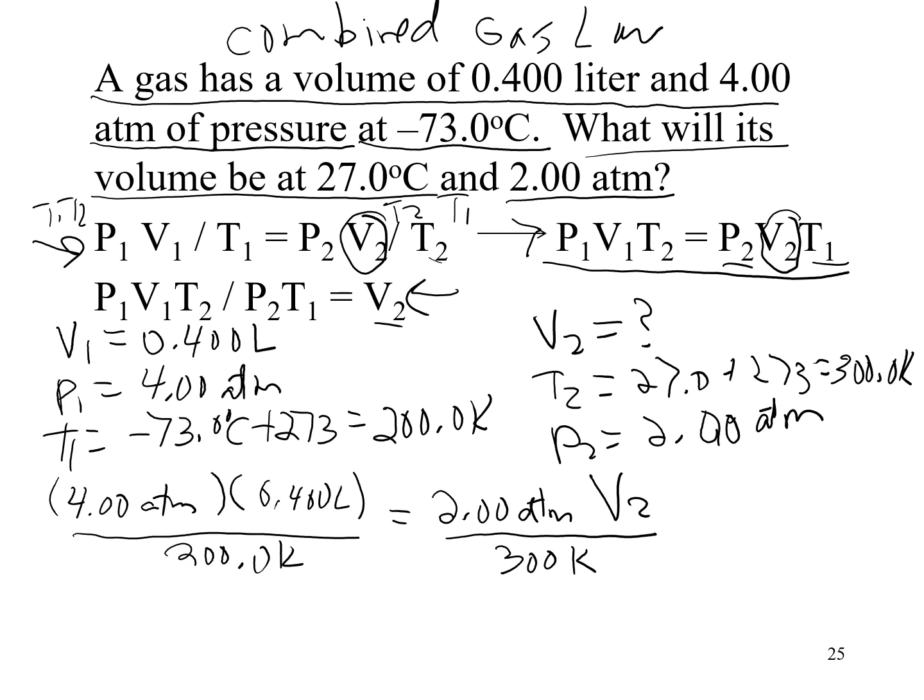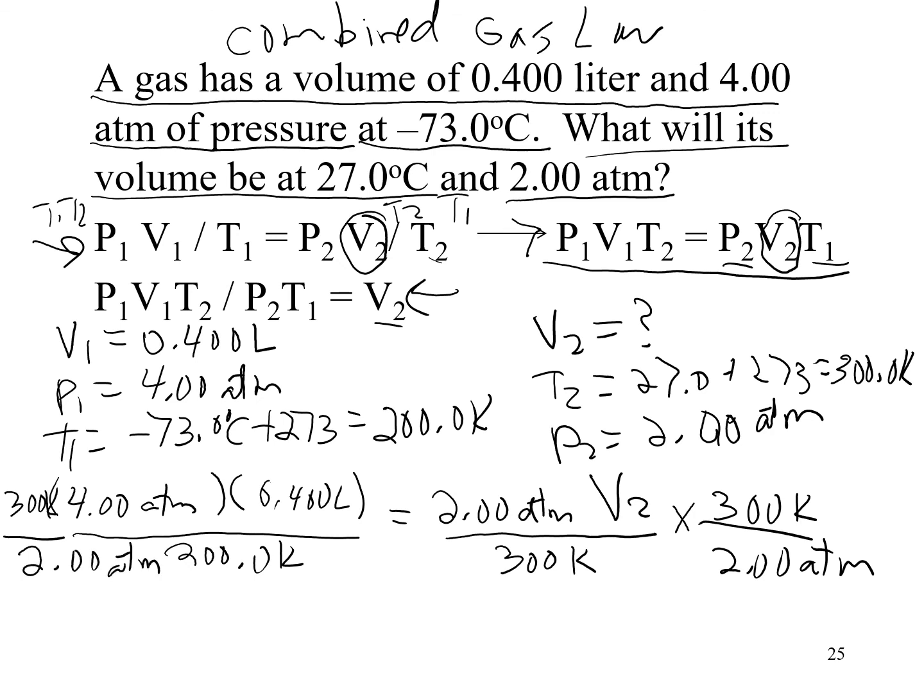To get V2 by itself, I would multiply both sides by 300 K and divide by 2 atmospheres. And then on the right side, you can see our 2 atmospheres cancel, our 300 K cancel, and we get V2 by itself. On the left-hand side of our equality, we need to cancel units. So our kelvins cancel and atm cancel, and the unit that will be left is liters.